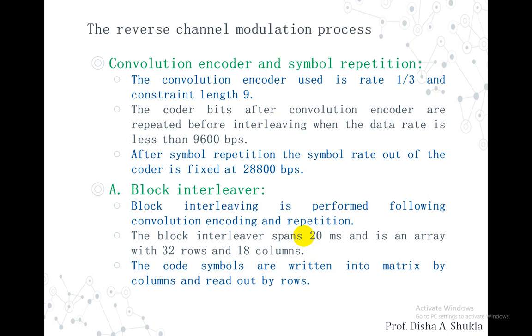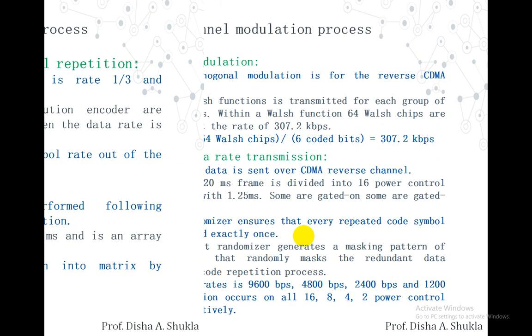It spans the whole data that we are sending. The code symbols are written into the matrix by columns and read out by rows.